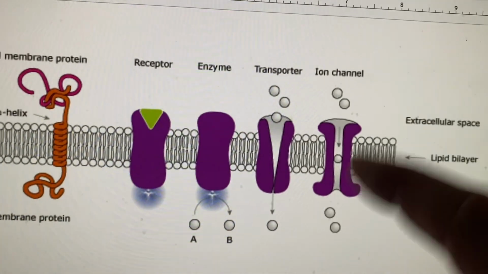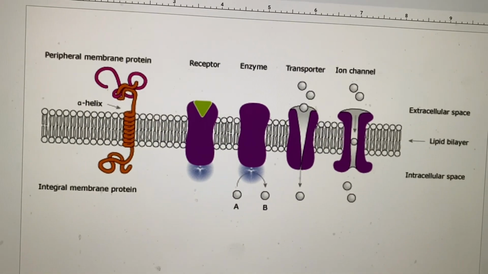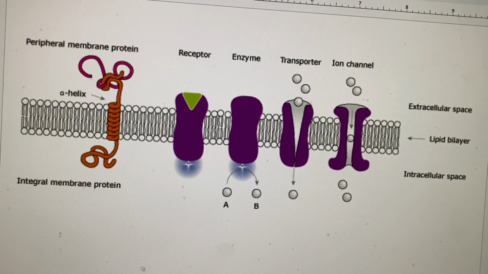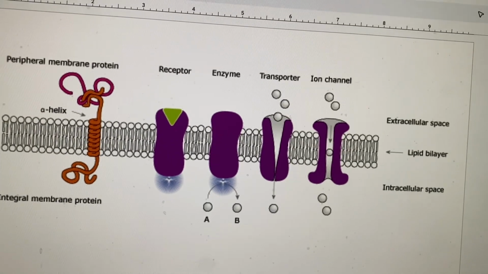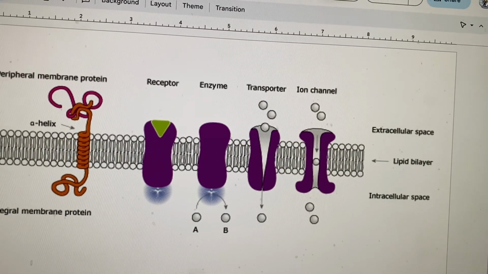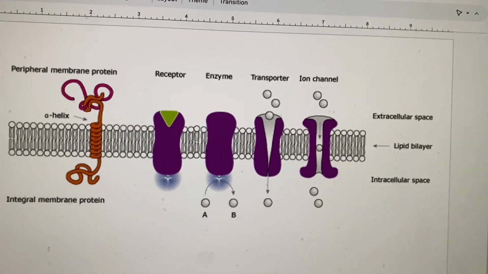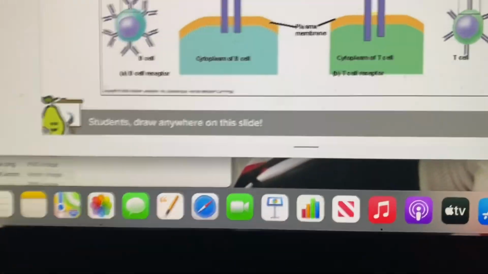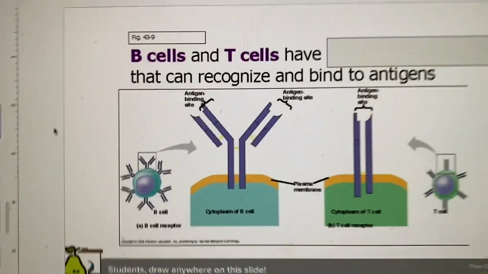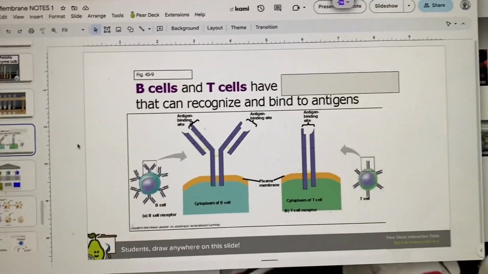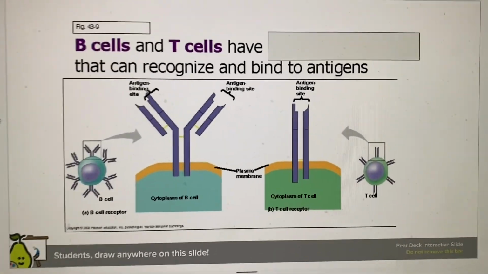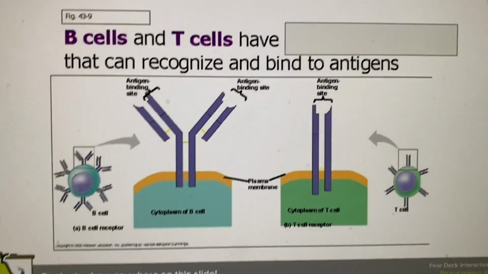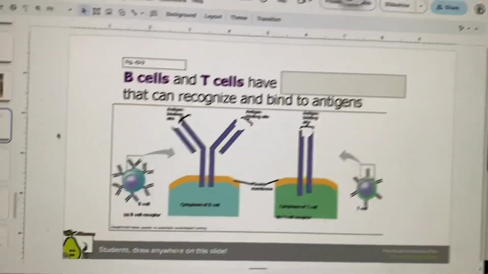We know some are channels, right? Some are transport proteins, right? But what's really interesting is some of the proteins that are involved in immune response, and we call those proteins antigens. Antigens are proteins that sit on the outside of the cell membrane and basically identify a cell, what it is.